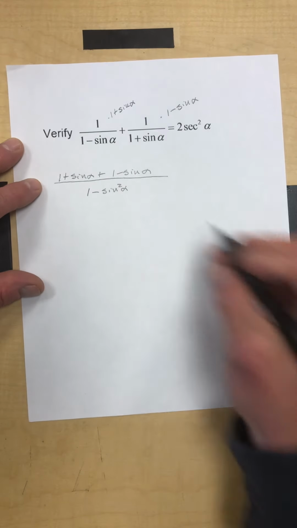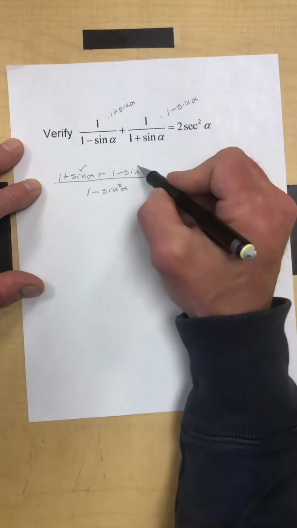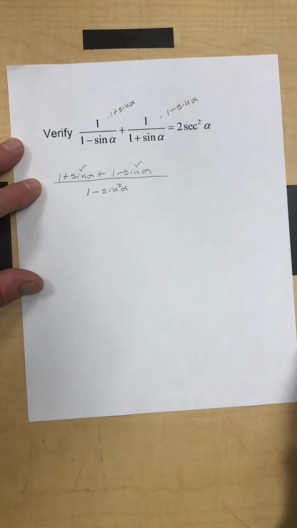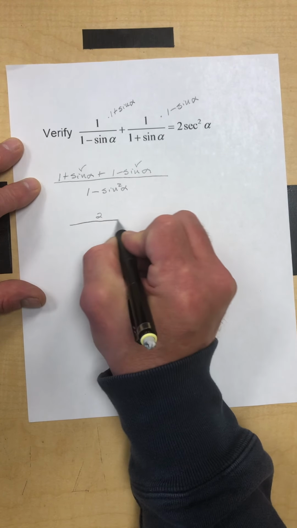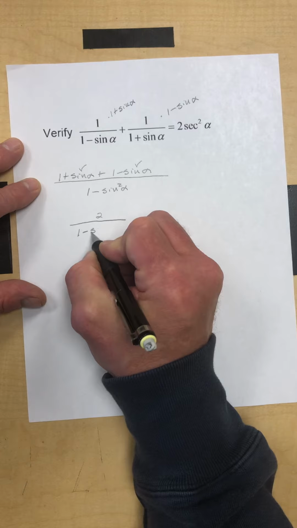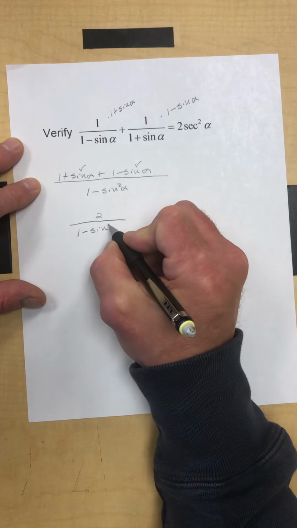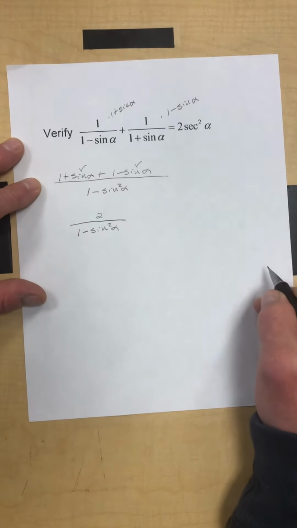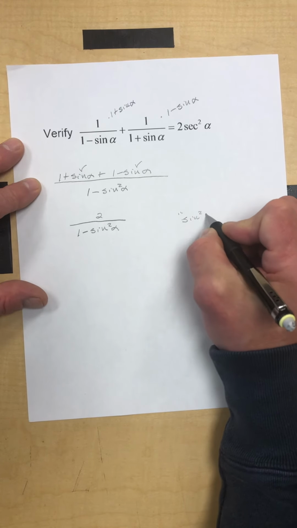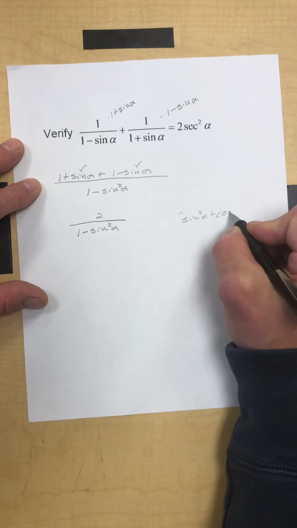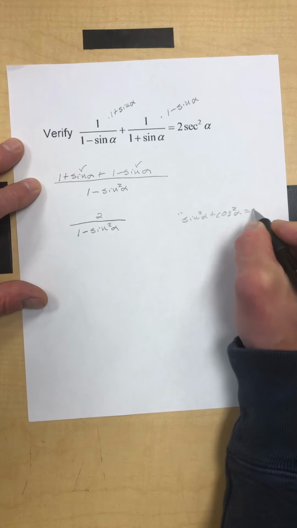Okay, so notice the sine alpha and the negative sine alpha cancel each other off because they're opposite, so I just add the 1 and the 1 and I get 2 over 1 minus sine squared alpha.